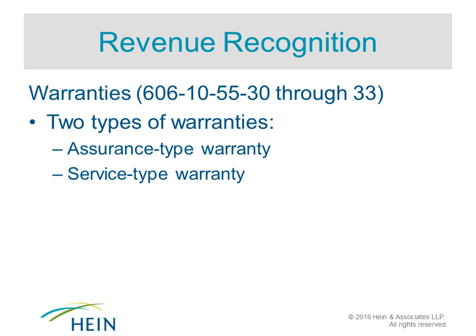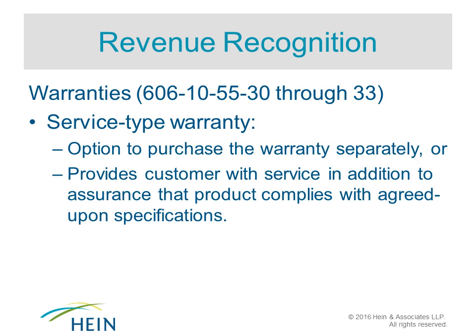So there are two types of warranties as they're defined in the implementation guidance of 606, and that's an assurance type warranty and a service type warranty. So a service type warranty first.